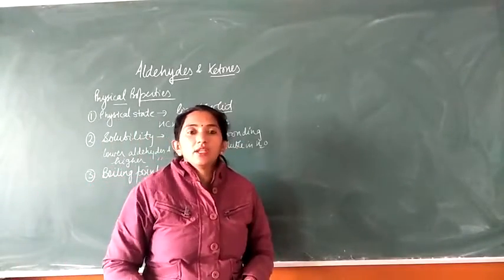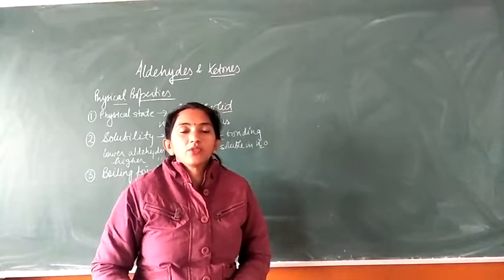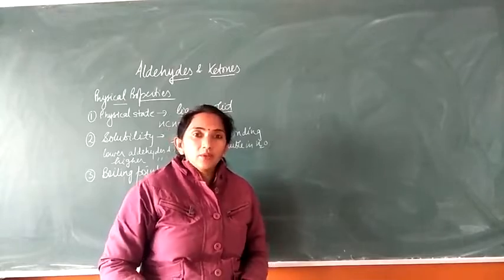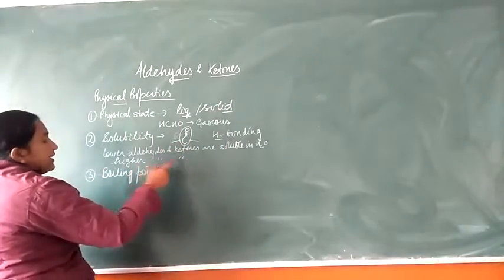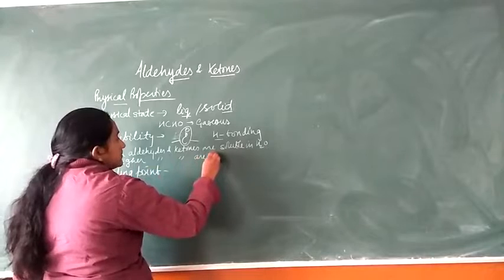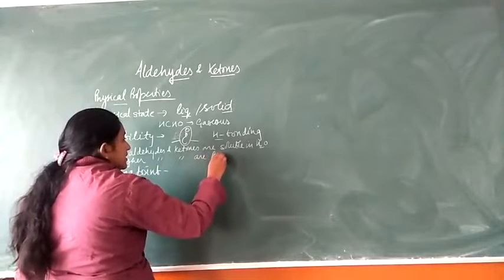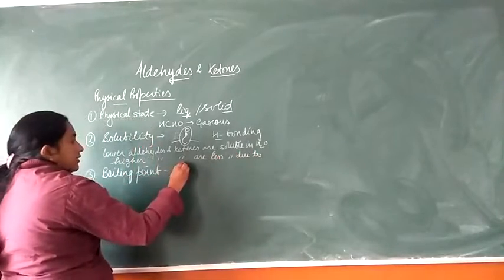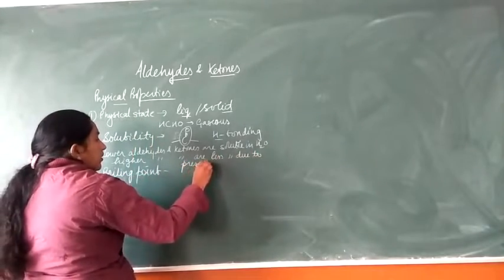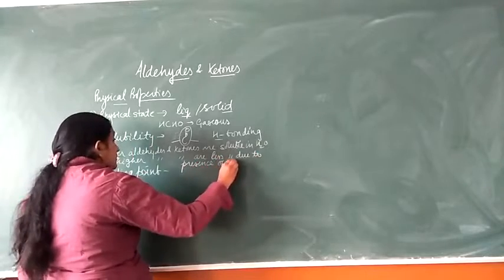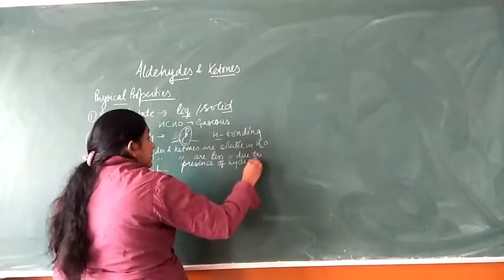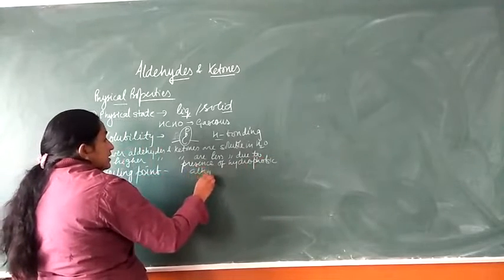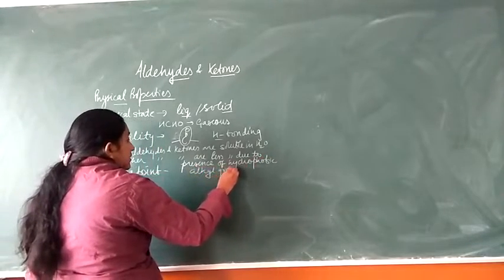But students, when we talk about the higher aldehydes and ketones, as the size of the alkyl group or hydrocarbon chain increases, the solubility is going to decrease due to the hydrophobic nature of the alkyl group, right? So the higher aldehydes and ketones are less soluble due to the increase in size of the hydrophobic alkyl group.